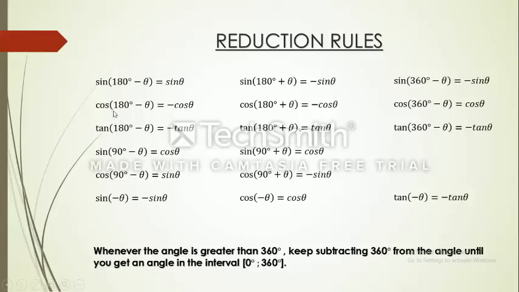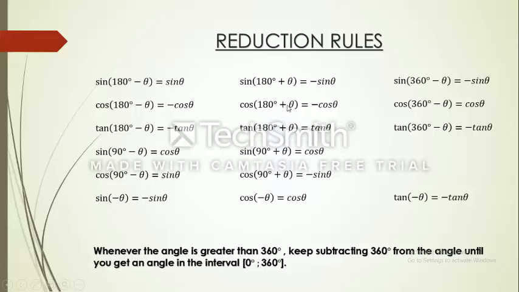We go to cos 180 minus theta. It gives us a negative cos. Cos 180 plus theta gives us a negative cos again, and cos 360 minus theta gives us a positive cos. Cos 180 minus theta is in the second quadrant, and we saw that cos is negative in the second quadrant.